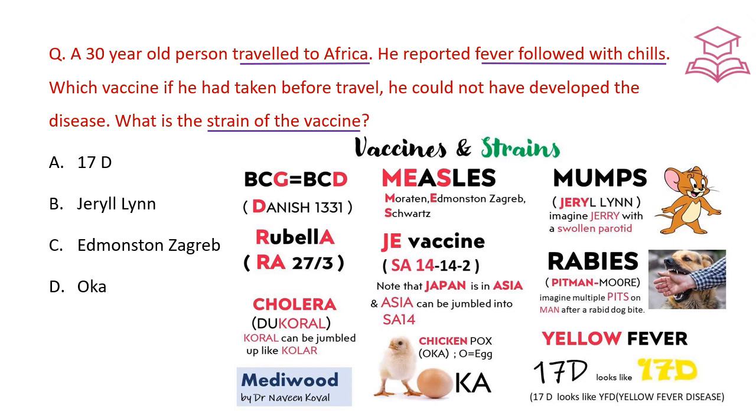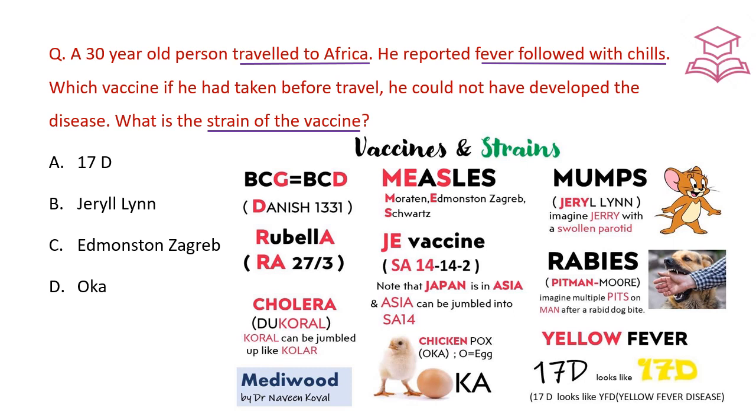So SA 14-14-2. Now rabies. Imagine multiple pits on a man after a dog bite. So it is Pitman-Moore strain. Now for cholera, we can write collar, which can be jumbled and written as coral. So Dukoral strain.